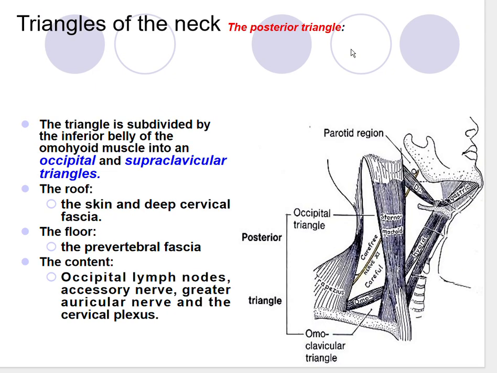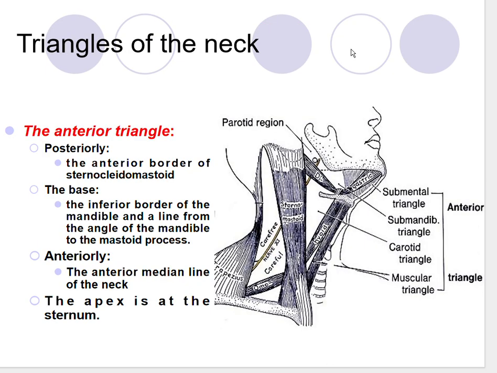Now, the triangle is divided by the inferior belly of the omohyoid muscle into occipital and supraclavicular triangles. The roof of the triangle, you have skin and the deep cervical fascia. The floor, you have prevertebral fascia. Contents, you find occipital lymph nodes, accessory nerve, greater auricular nerve, and the cervical plexus.